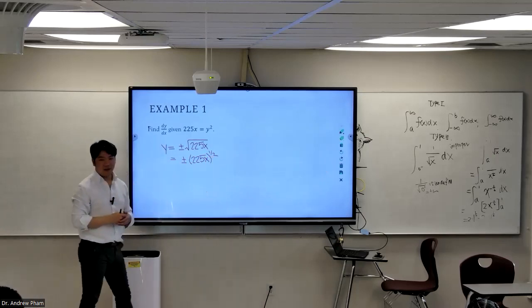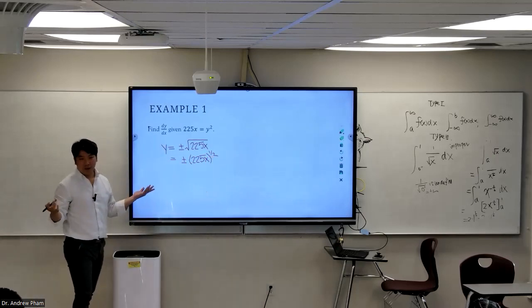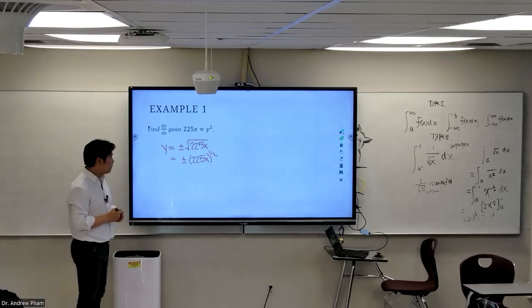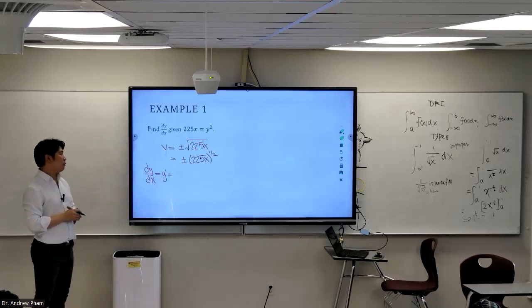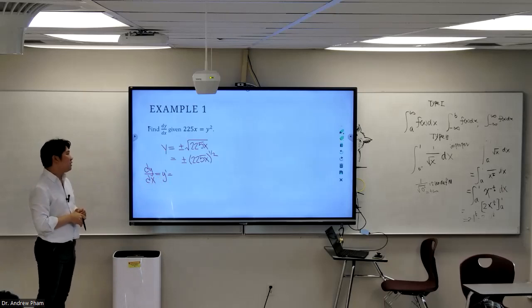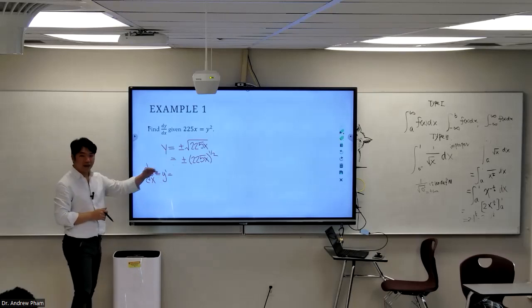Again, haven't taken a derivative, but we know that we don't usually like square roots and stuff like that. So if I want the derivative, dy dx, or if you want, you can say y prime, what is the derivative of this expression that I have here?